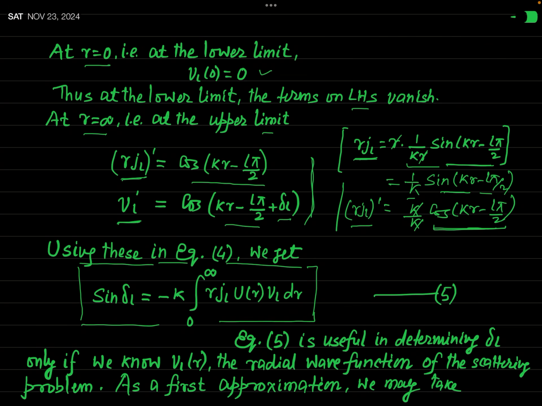When you substitute these two values in that equation, the result becomes sine delta L equal to minus K integral 0 to infinity RJL times UR times VL dr. This is actually the result using which we can find the value of the phase shift delta L. But after seeing this equation 5, you will find that if your aim is to obtain the value of delta L, you must have an idea of VL of R. It means if VL of R is known, only then can we evaluate the value of delta L.